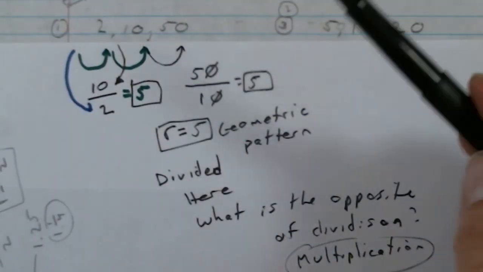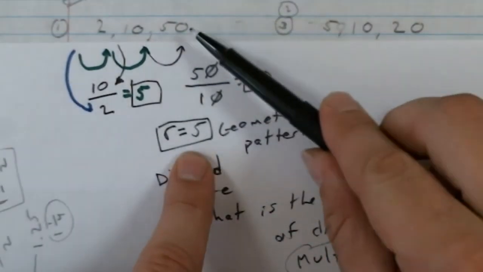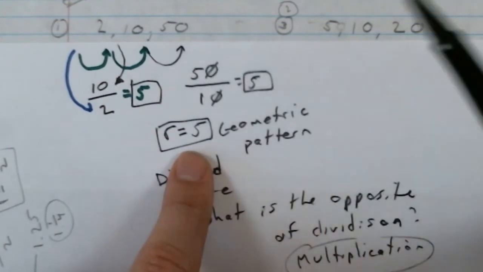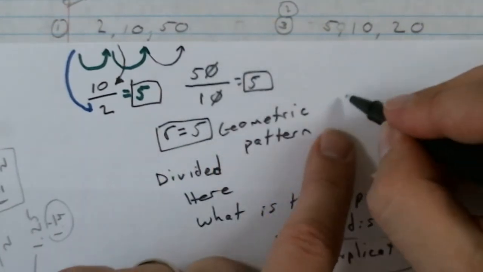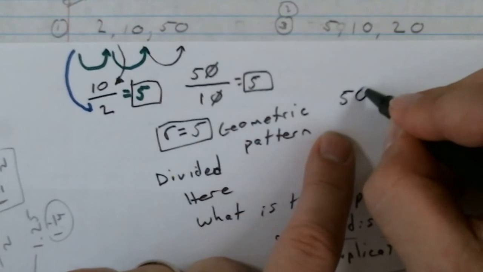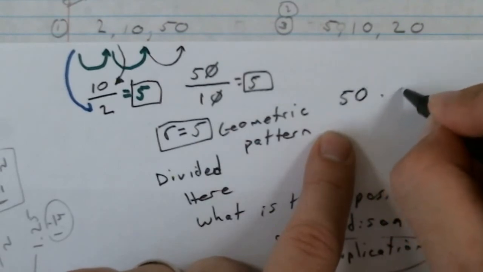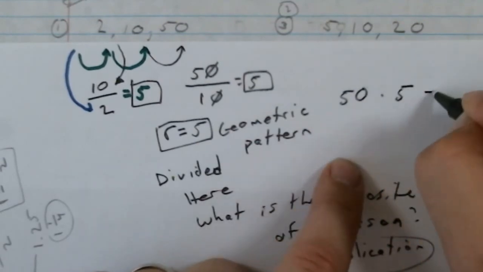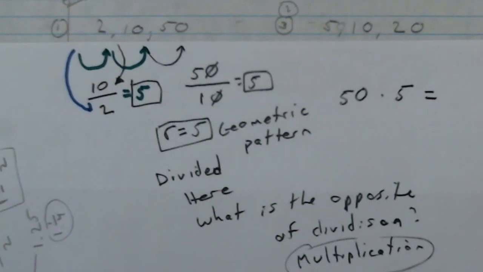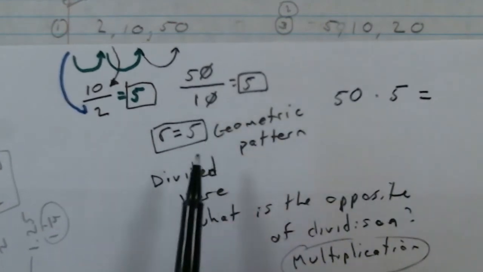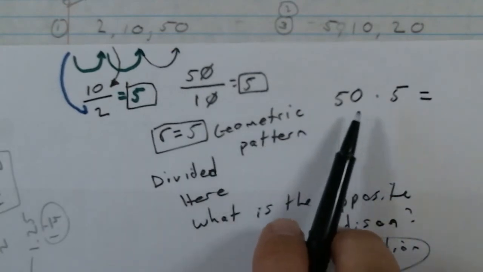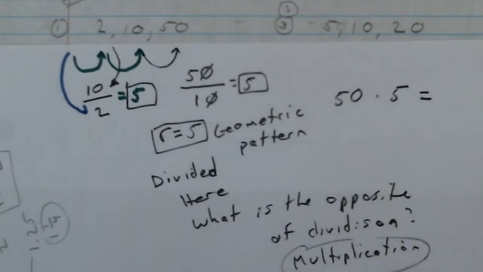So I want you to think about this. 50 times what? To get the next one, we're going to go 50 times 5. Do you see what I did? We divided, but to get to the next term, aren't we going to multiply instead?